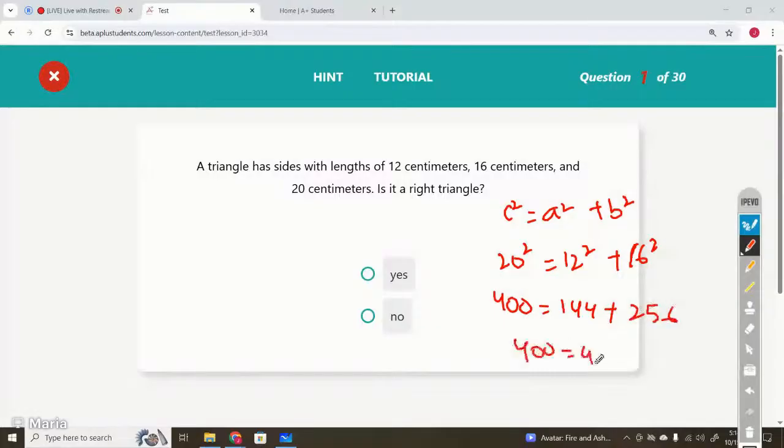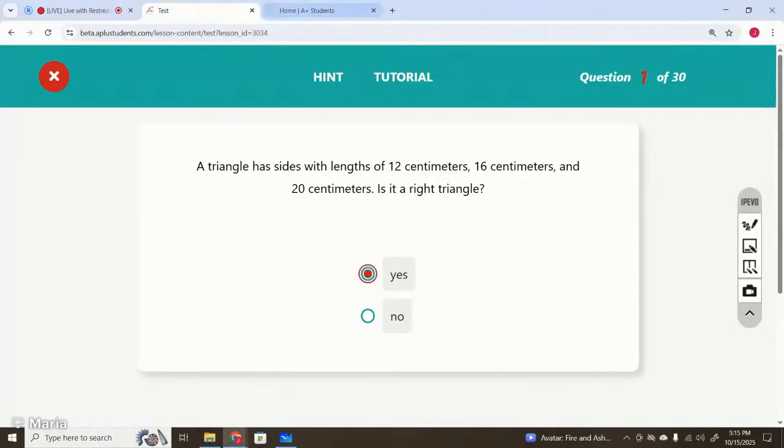So 400 is equal to 400. So both sides are exactly equal. So yes, it is a right triangle. Option number 1 is the correct option.